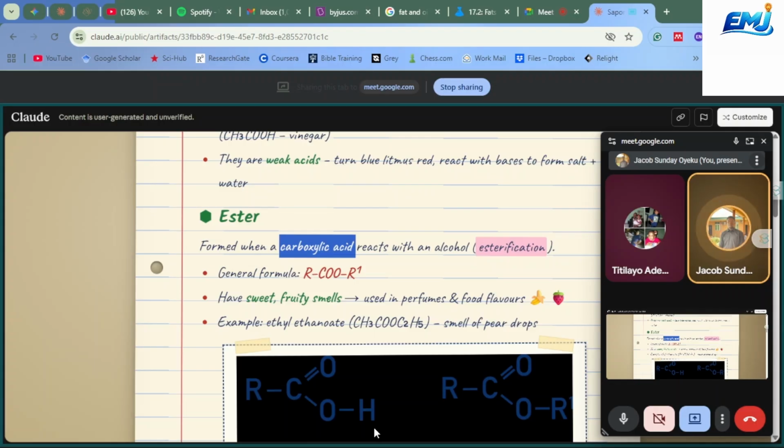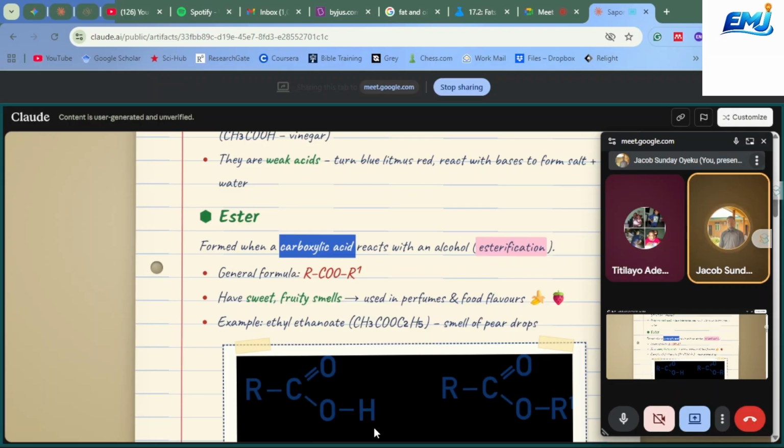Esterification is the formation of ester. So esterification is the reaction between a carboxylic acid and an alcohol.